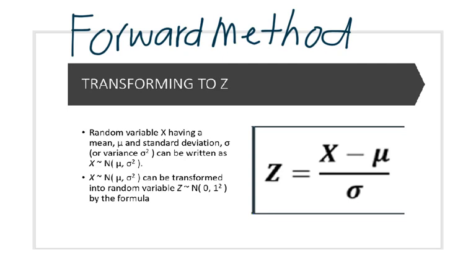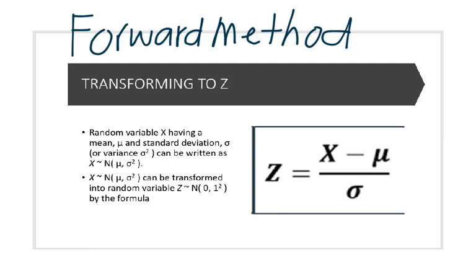Now when we want to know the probability using the real variable, and we are working with a continuous variable, we still need to use the standardized normal distribution to calculate the probability.